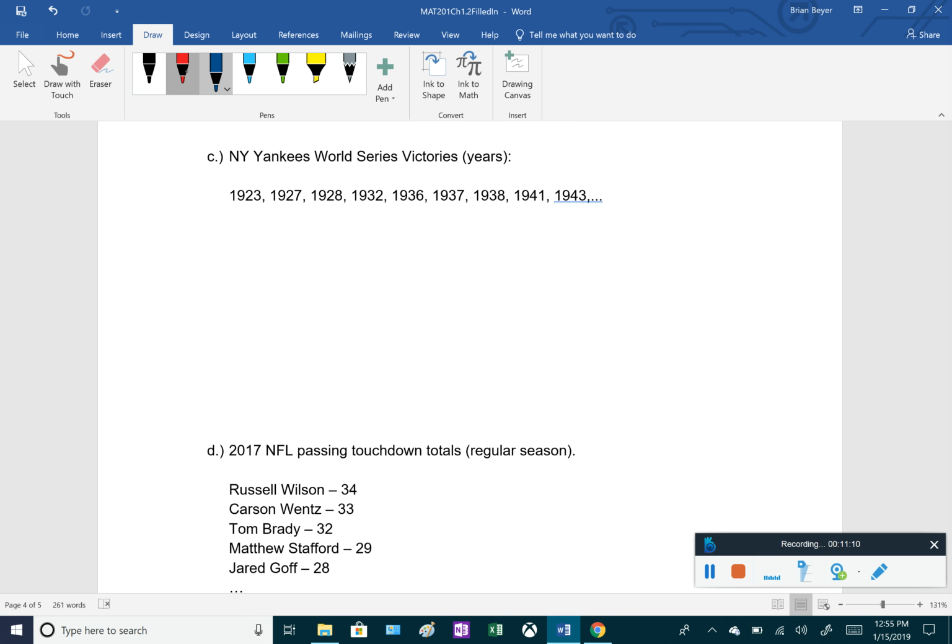So let's say we wanted to look at 1923 and 1927. If we subtracted those, 1927 minus 1923, we get 4, a difference of 4. That difference of 4 is saying it's been 4 years since they won the last World Series. So that's a meaningful difference. So that could be interval. So it's either interval or ratio.